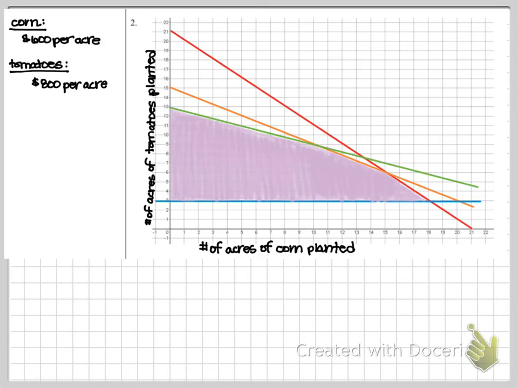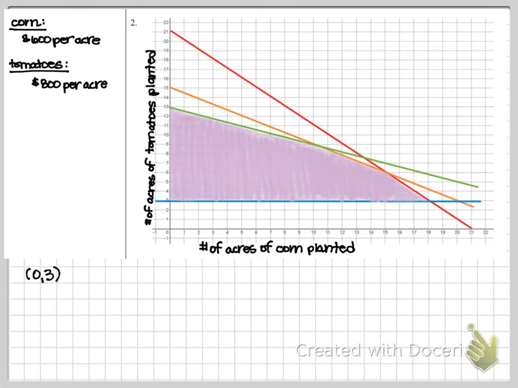So I've got my vertices that I labeled on the previous slide. That one is going to be 0,3. So that was my first corner. And then remember that corn is X and tomatoes is Y. So we're going to do $600 for 0 acres of corn, and then $800 for 3 acres of tomatoes.